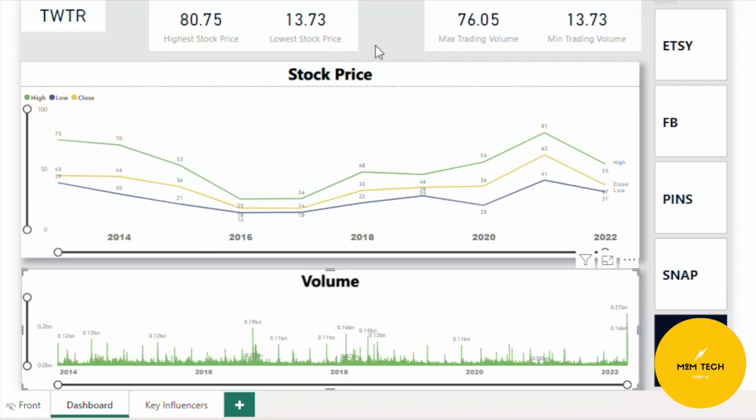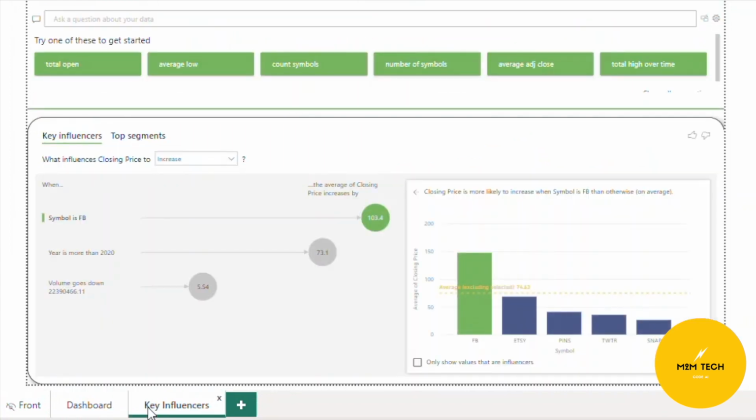So that was the pretty quick dashboard that would show the changes in stock prices over time for all 5 of these.